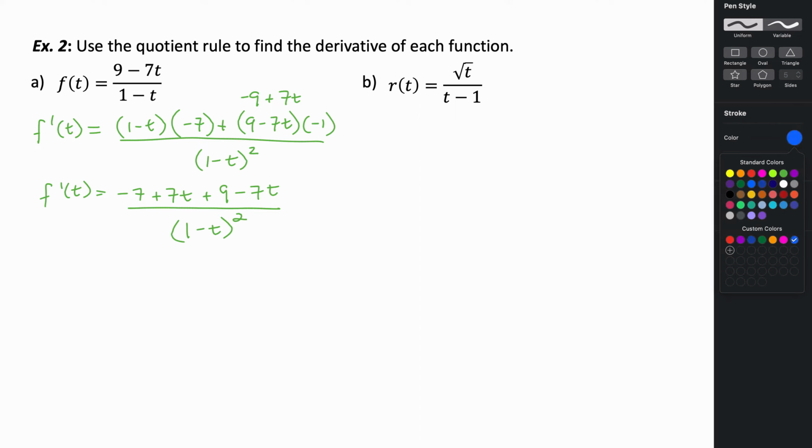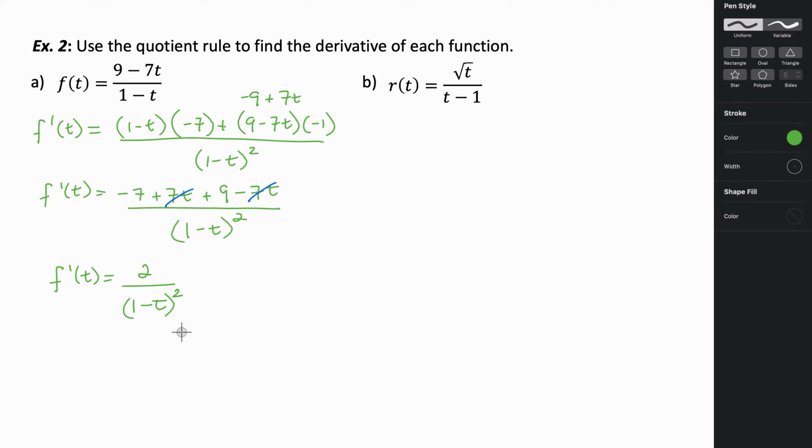We see that we have a negative 7t and a positive 7t that will cancel, and we get that f prime of t is negative 7 plus 9, that's 2, divided by 1 minus t, all of that squared. So that is the derivative of our first function.